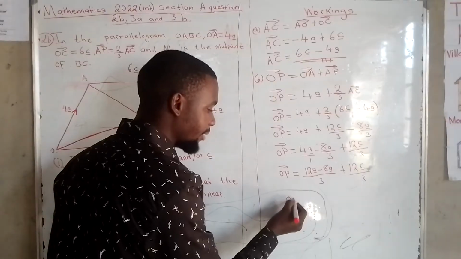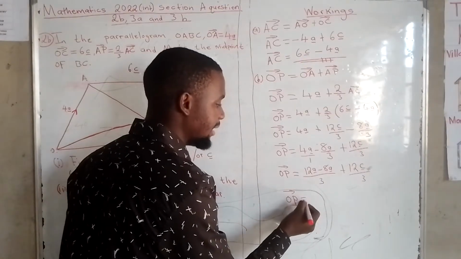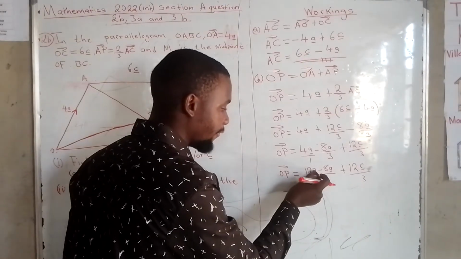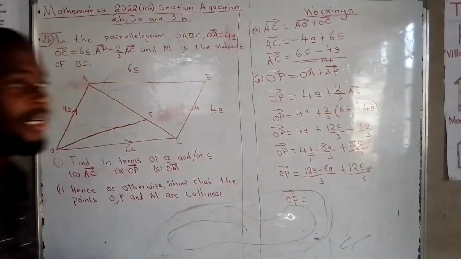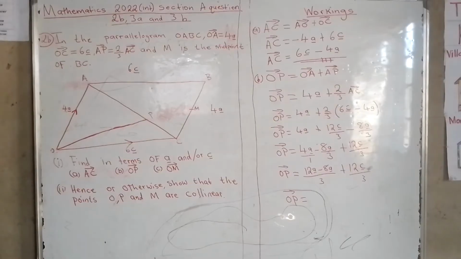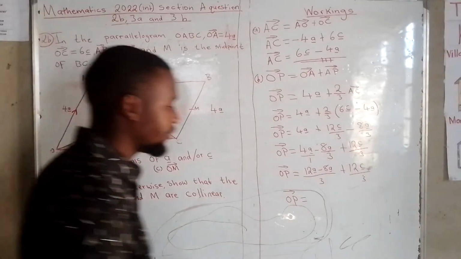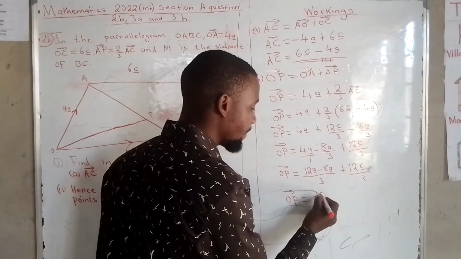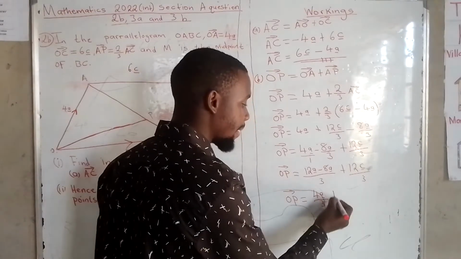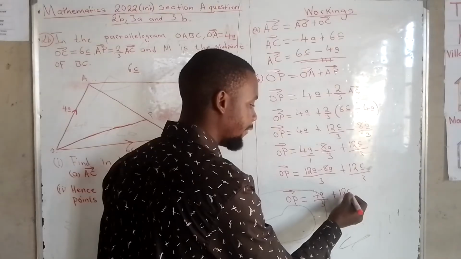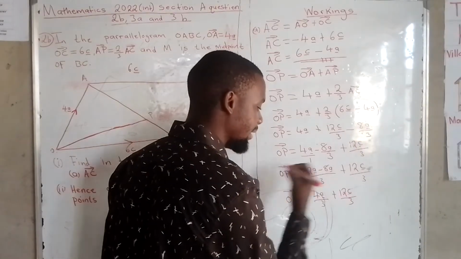So that we can now say OP is equal to 12 vector A minus 8 vector A. It's just like saying 12 minus 8, that is 4. So we have 4 vector A over 3 plus 12 vector C divided by 3.